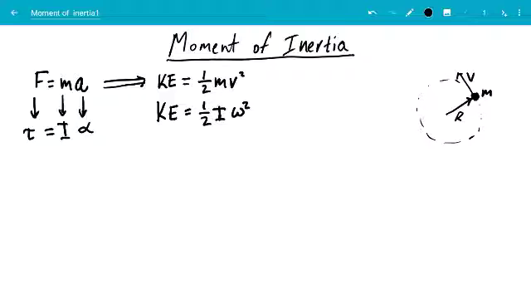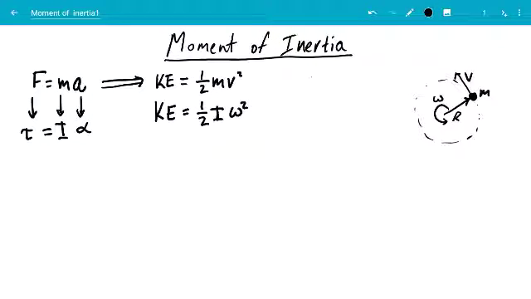Okay. But here's where we're going to use our connecting equation. Since if this thing's going around the circle with speed v and radius r, then it's also going to have a constant angular velocity of omega, and v is going to have to equal r omega.